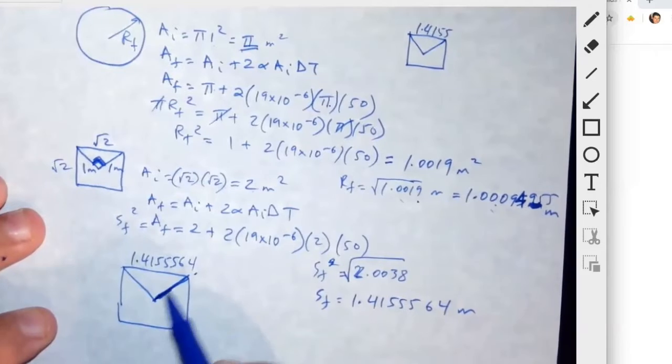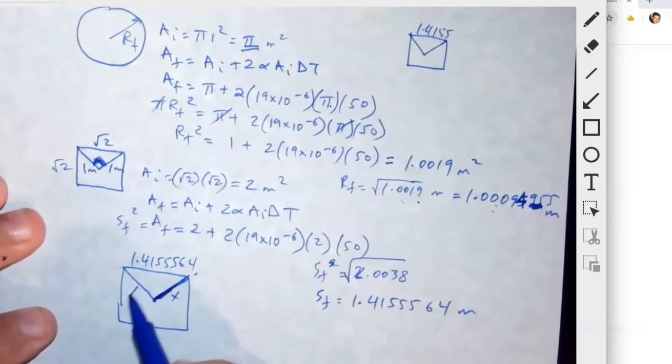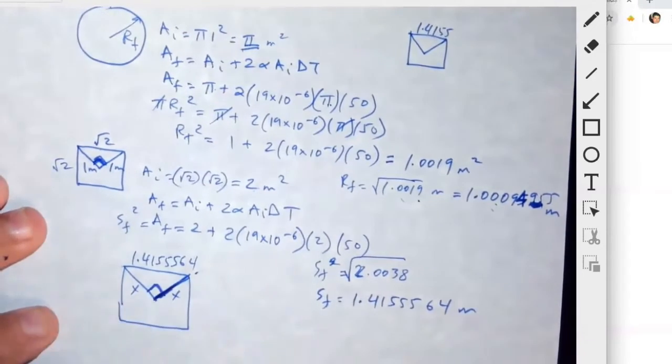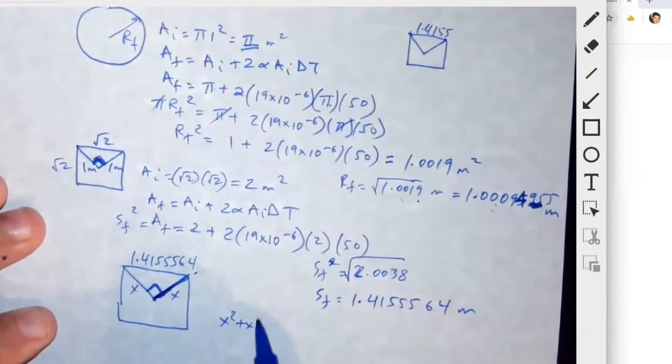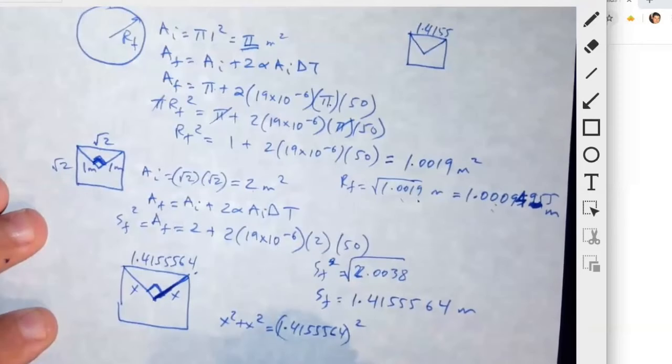So to figure this out, let's call it x. We have x squared plus x squared is 1.41556564 squared, which takes us back to this number, right?